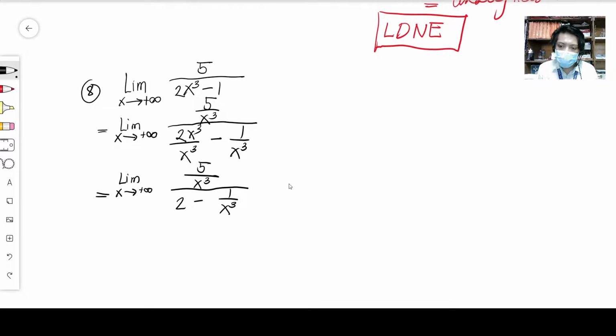Okay, now this time we can substitute. So this is 5 over, of course, infinity cubed is another infinity, over 2 minus 1 over infinity cubed, which is of course 1 over infinity.